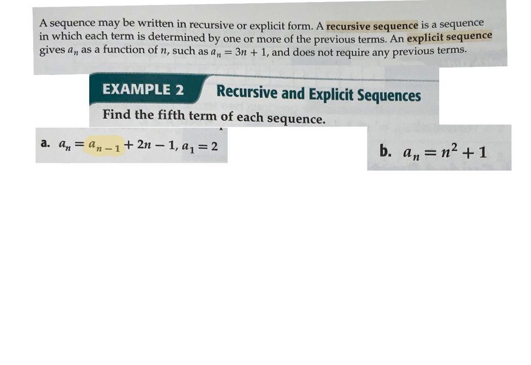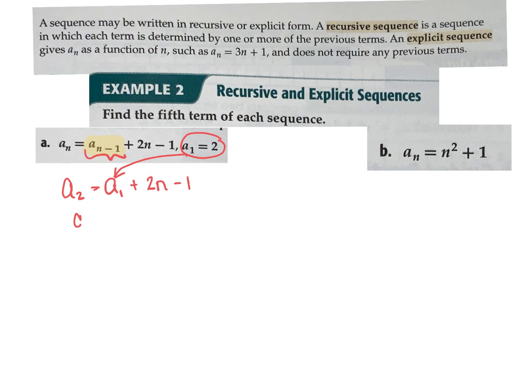then if I want to find my second term, let's say I want to do this, then this guy right here would be the first term, right? 2 minus 1 is 1. And then I'd say plus 2 times whatever term I'm on minus 1, right? And so if I'm doing this one and I know what my first term is, I can just plug it in there.